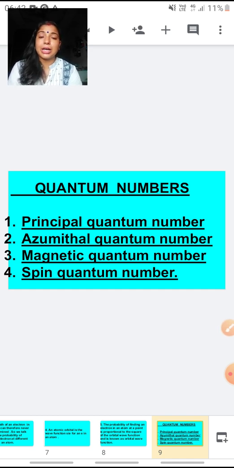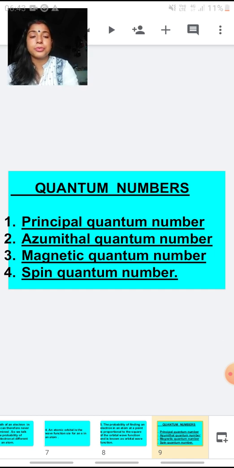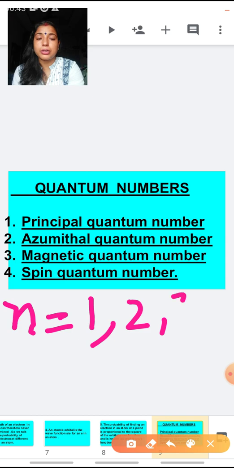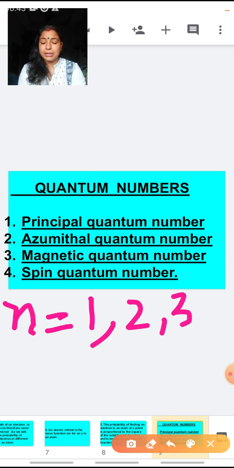Now if we are talking about the principal quantum number, the values of principal quantum number n will be equal to 1 or 2 or 3. It will tell you about the shell. So what will the principal quantum number tell you?